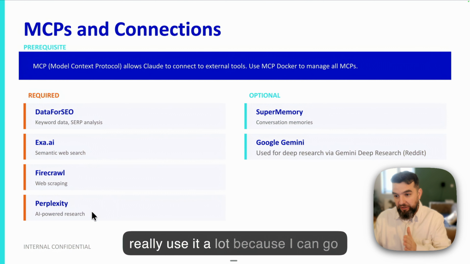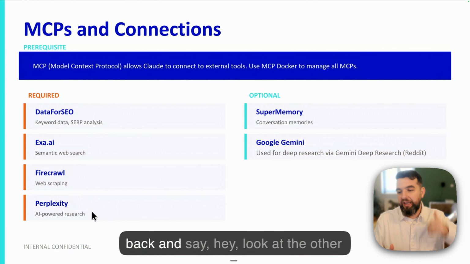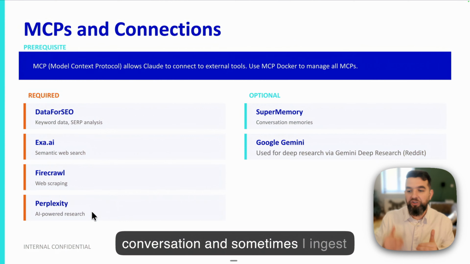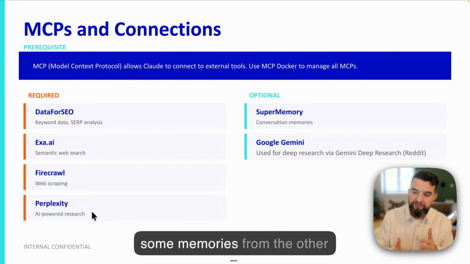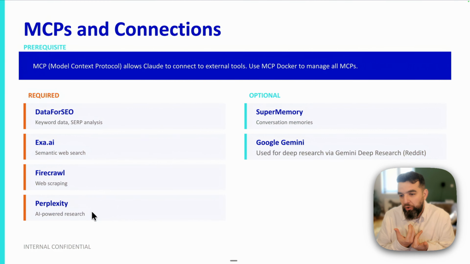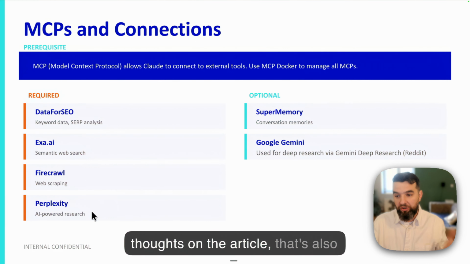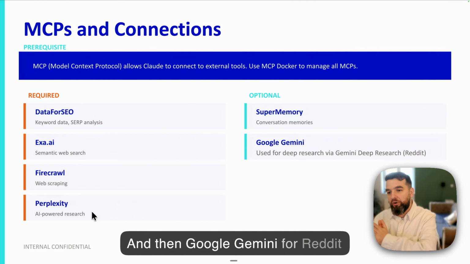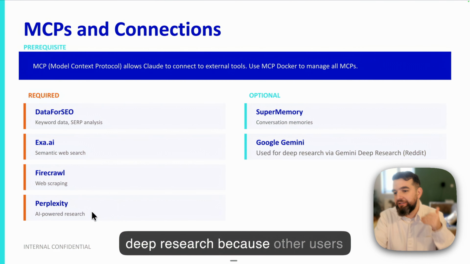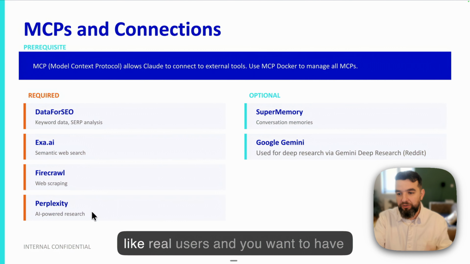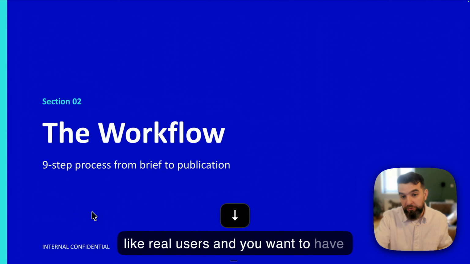I really use it a lot because I can go back and say, hey, look at the other conversation, and sometimes I ingest some memories from other articles and some of my own thoughts on the article. That's also really good to have your point of view. And then Google Gemini for Reddit deep research, because other users might have opinions on that, real users, and you want to have that.